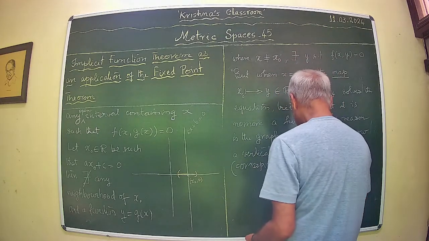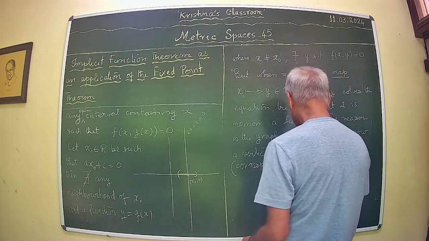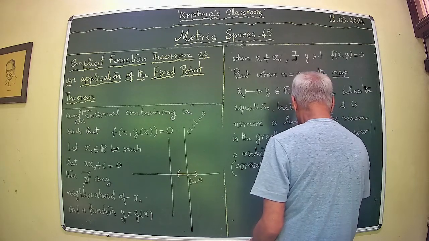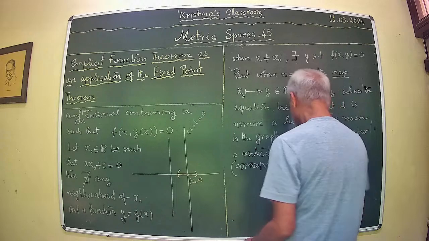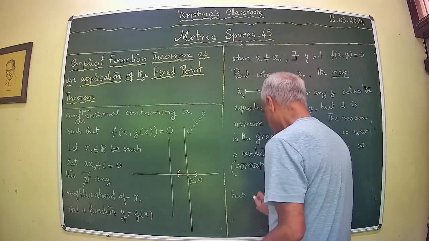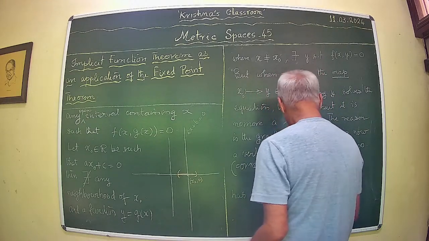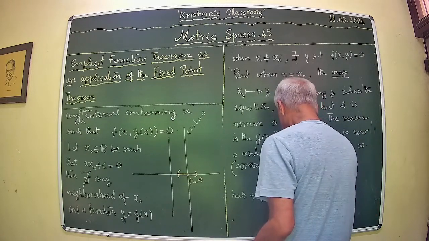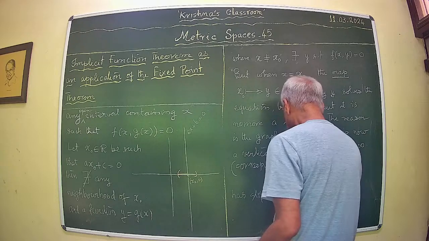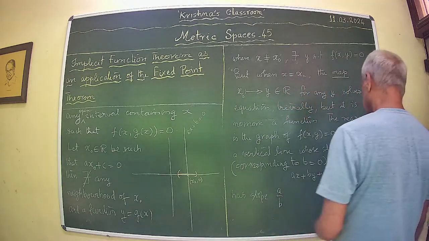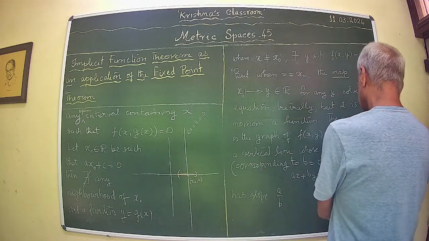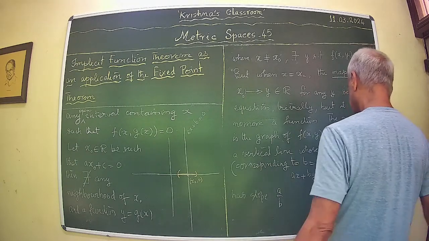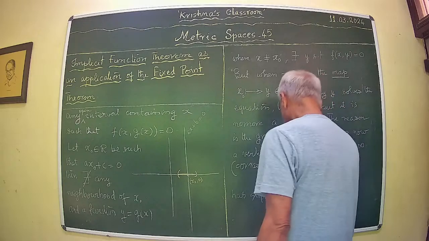The slope is that y equal to minus a by b.